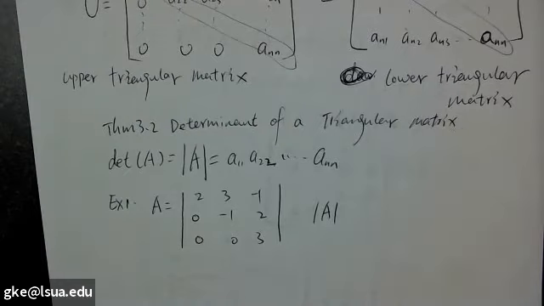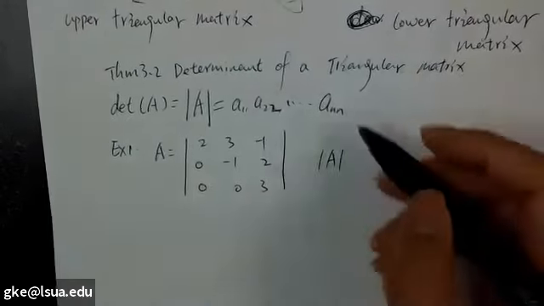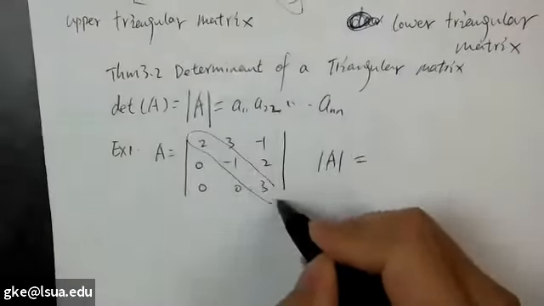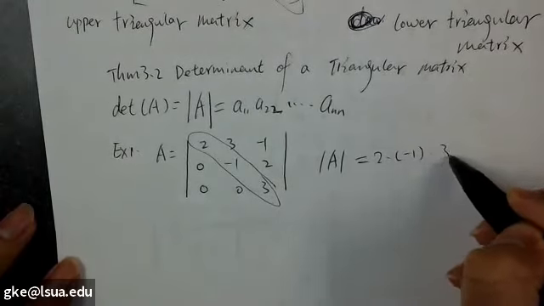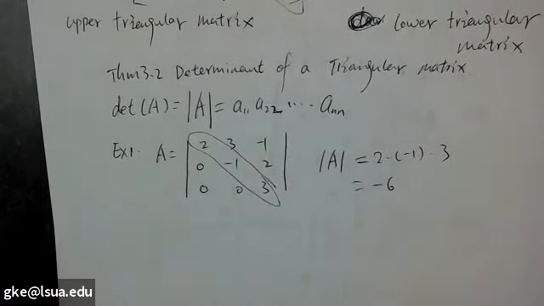Okay, very straightforward. Just multiply the diagonal elements together, right? 2 times -1 times 3 equals -6.